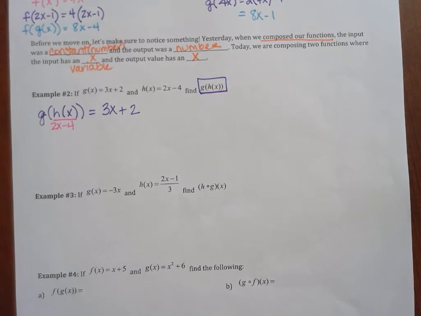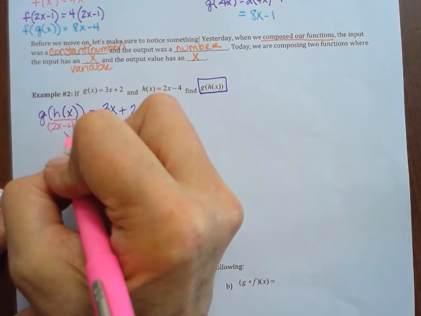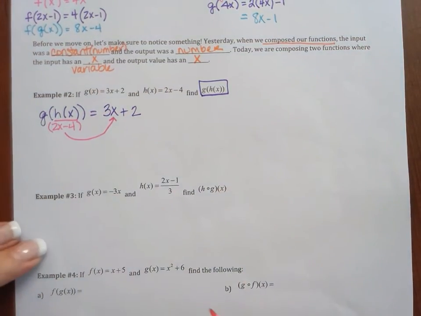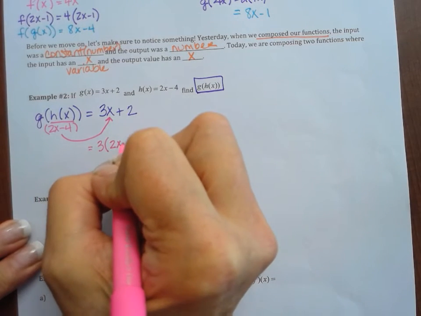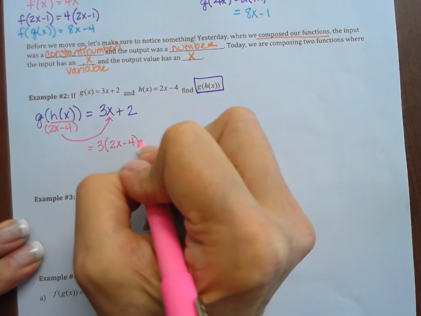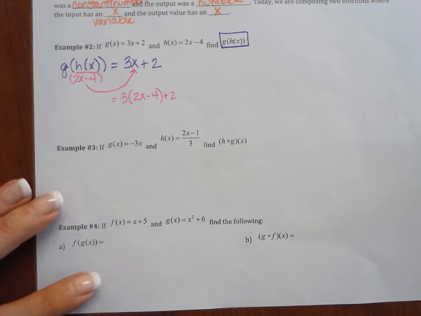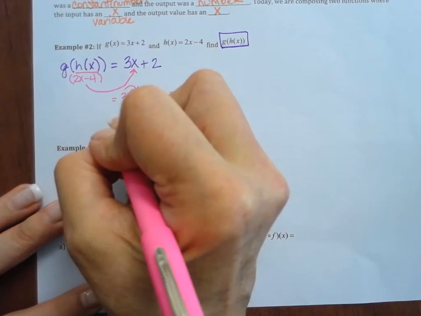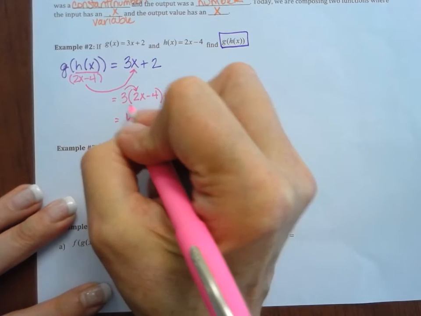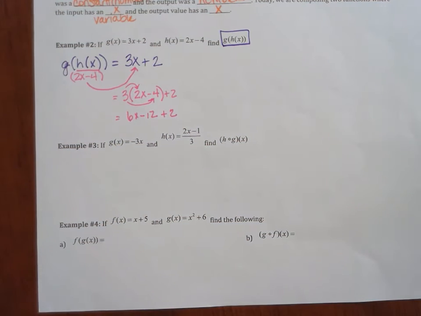Oh, I did my colors backwards. Oops. And so I'm going to take that and replace the x with it. So I have 3 times 2x minus 4 plus 2. So when I distribute, I get 6x minus 12 plus 2.